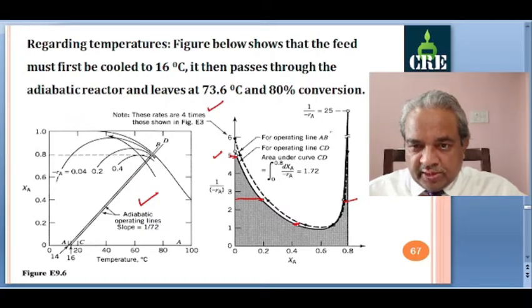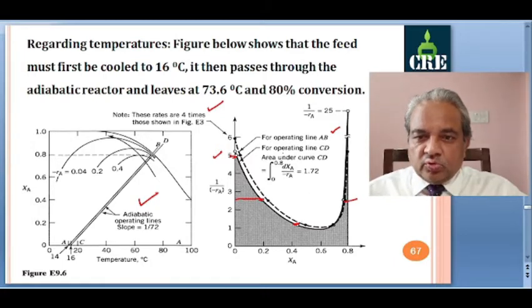So for operating line AB, okay, this curve is there. For operating line CD, this is the curve. So in this way you have to do a lot of trial and error procedure and draw these curves, and the curve which will give you this minimum area, that you will suggest as a design.